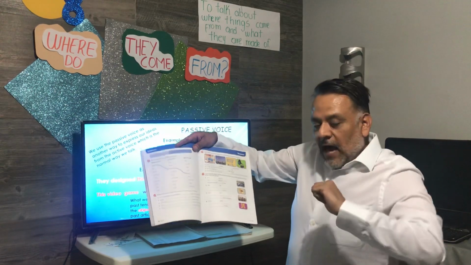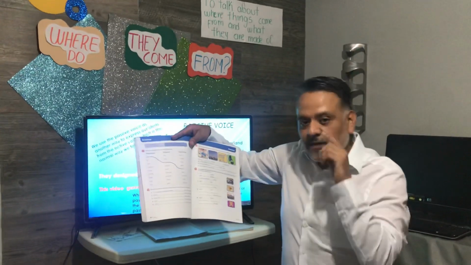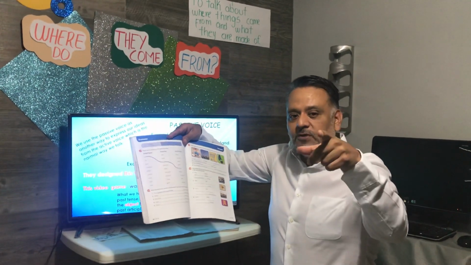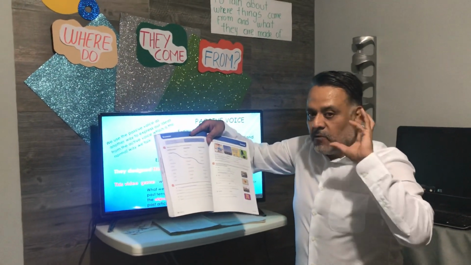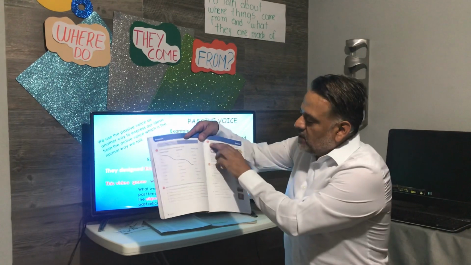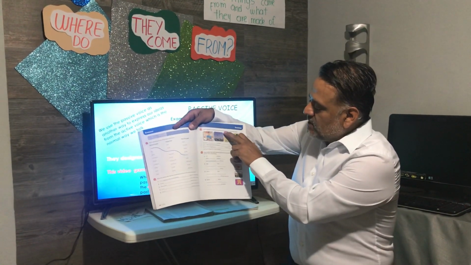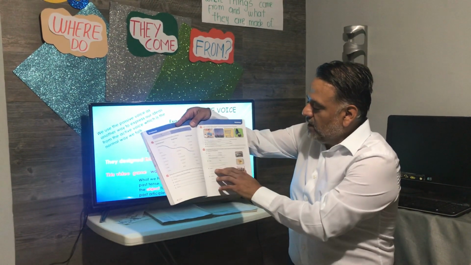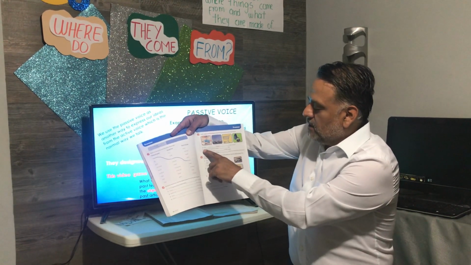Okay, now, as an activity that we have to do in this class, we have to answer 2 more exercises. But these 2 more exercises are going to be on your own. And then we're going to check them after class, okay? So, for example, in exercise 13, look, complete the sentences, use the simple past of the verb in the passive form, okay? For example, in number 1, chess is what?